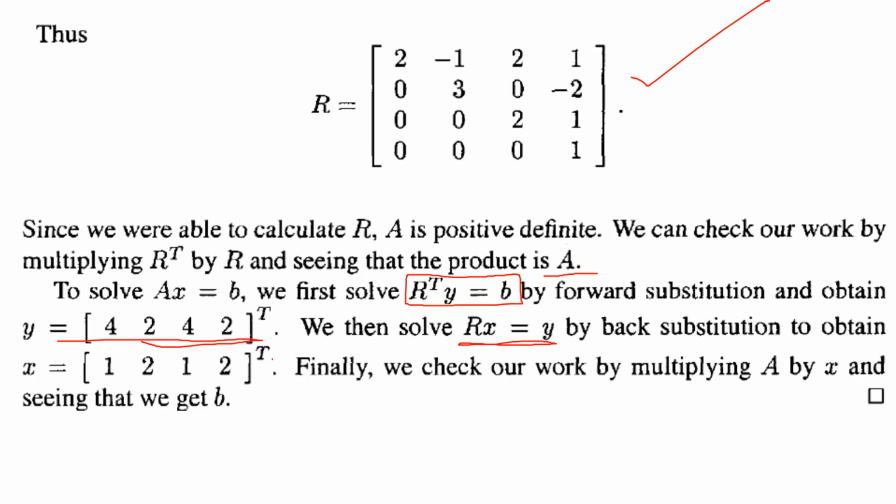By backward substitution we will obtain the values of the vector x, which is our desired vector. Finally we check our work by multiplying A by x and seeing that we get b.